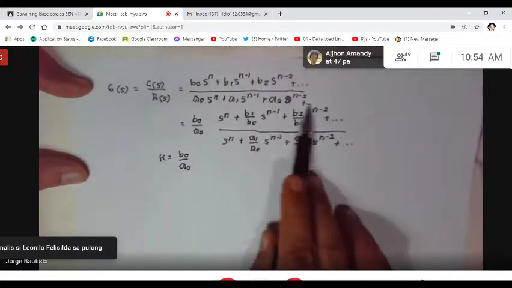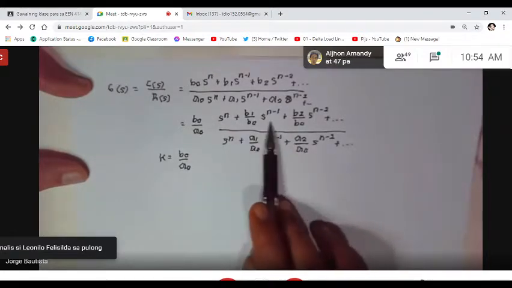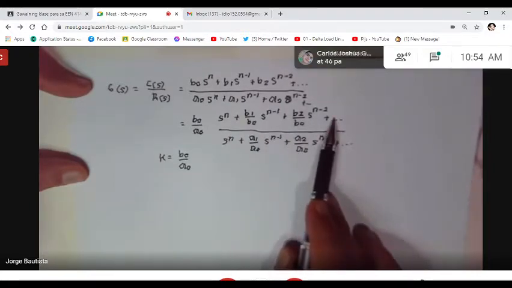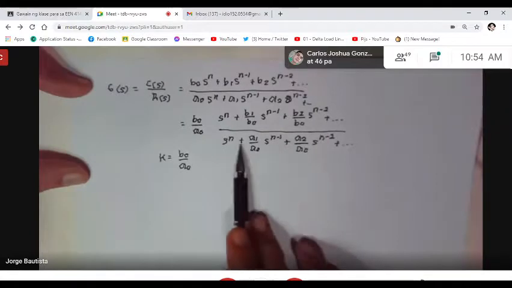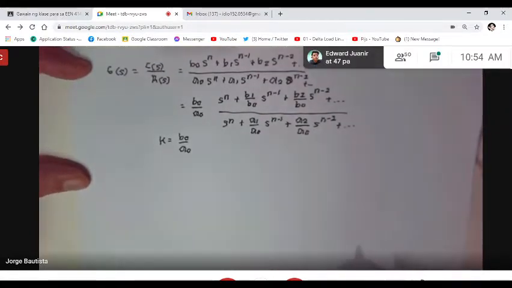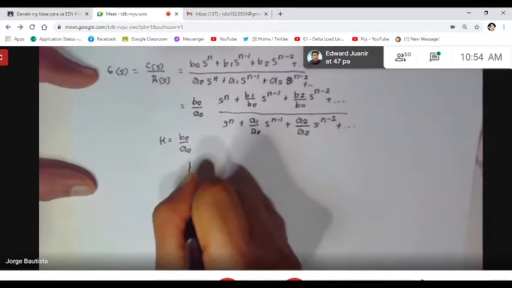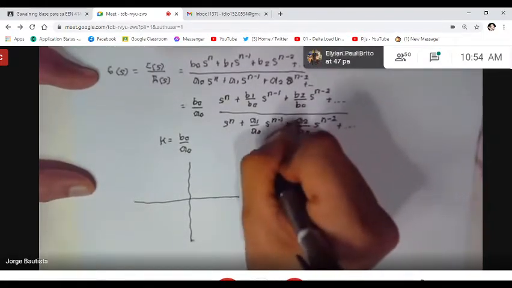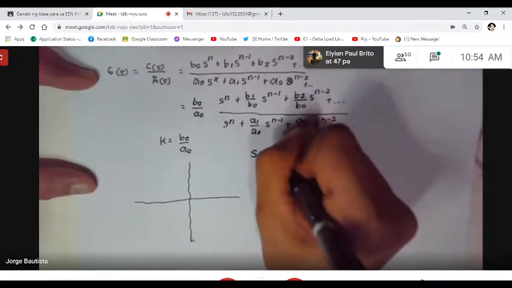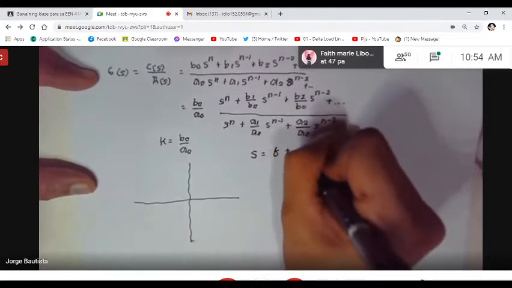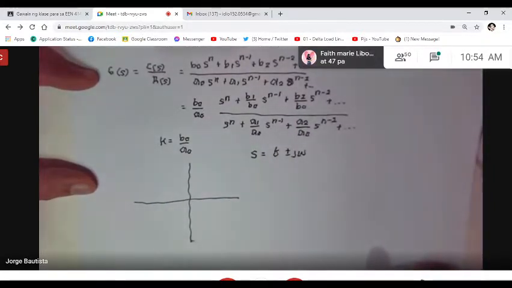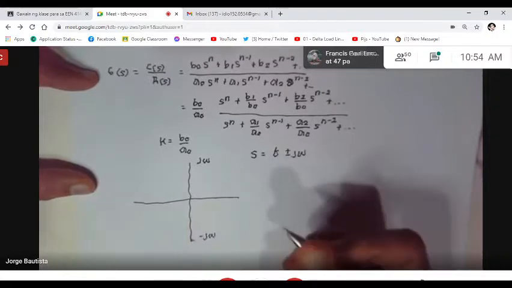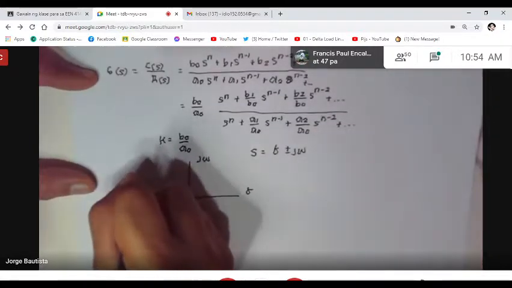And you try to determine the roots. All the roots you find in the numerator are the zero roots, and in the denominator are the pole roots. Now, the s-plane that I mentioned earlier is this plane. We said the complex frequency s is equal to delta, positive or negative, j omega. This is the positive j omega, this is the negative j omega, and you have positive delta and negative delta.